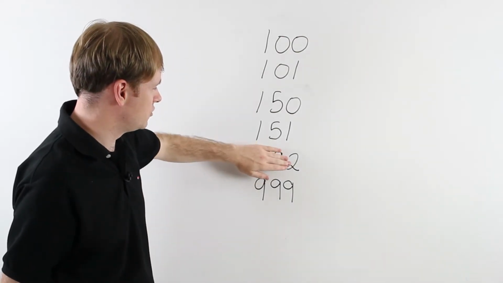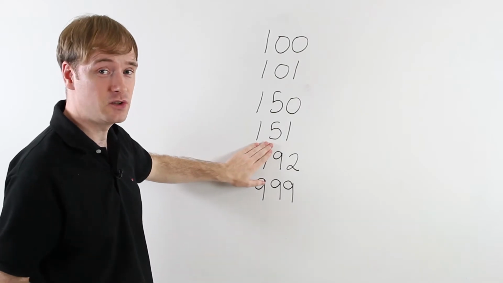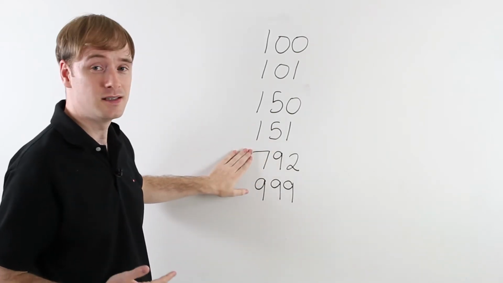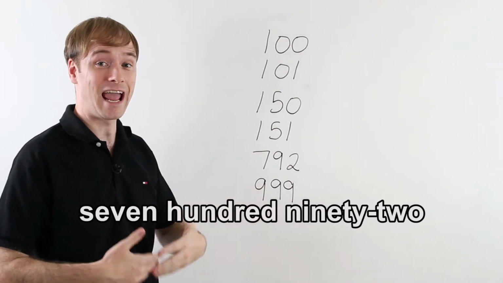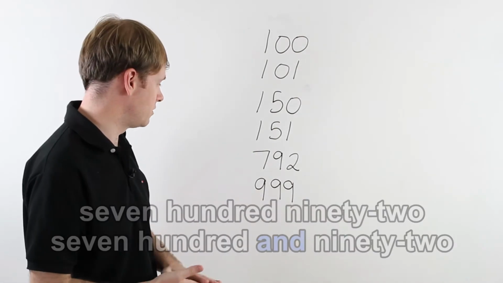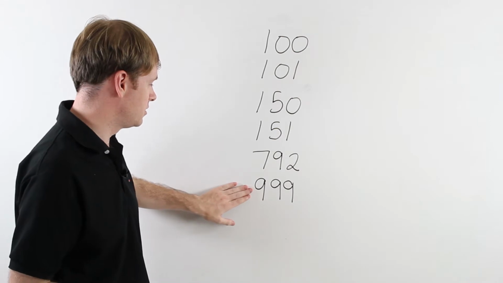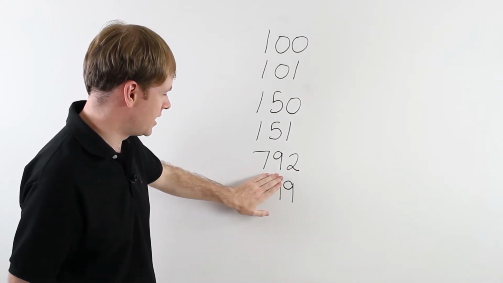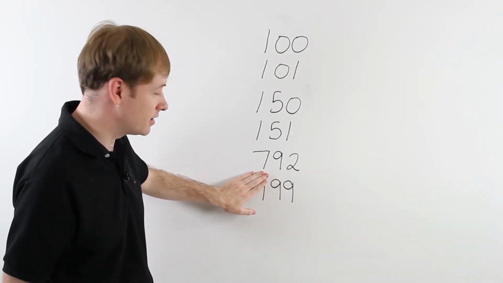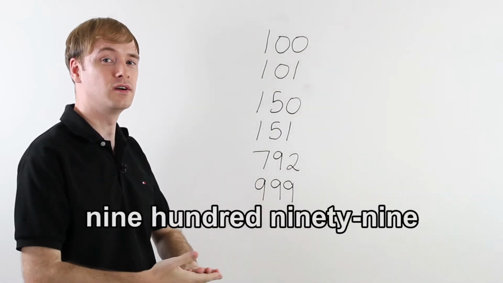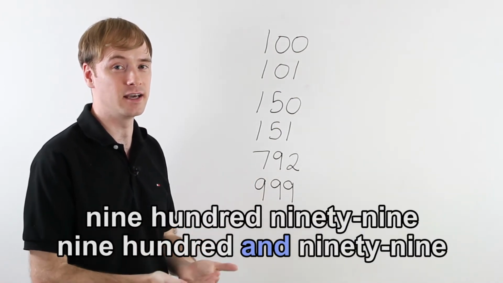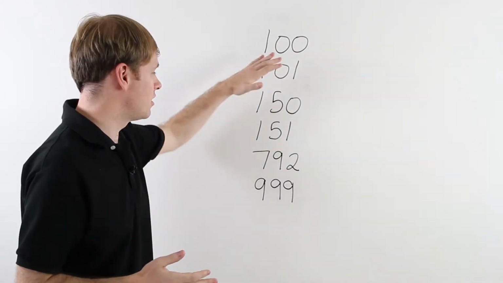We know this is 2. We know this is 92. This is 792 or 792. All right, and the last number here, well, we know that's 9. That's 99. That's 999 or 999. All right, so these are the hundreds.